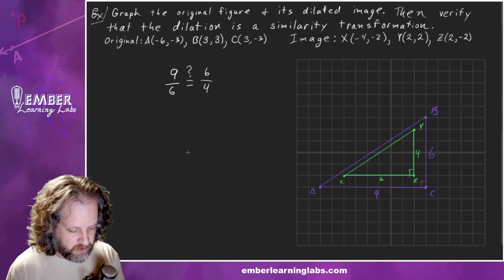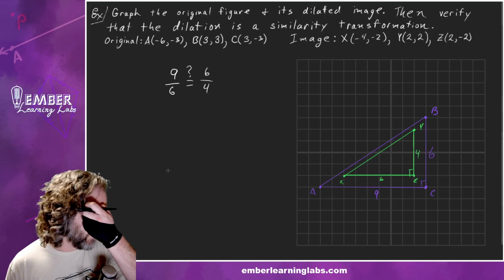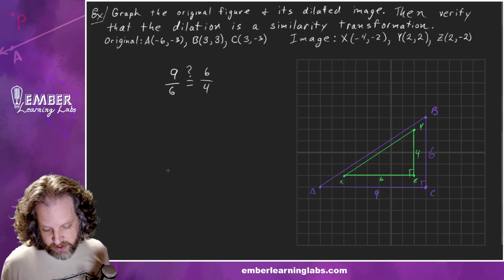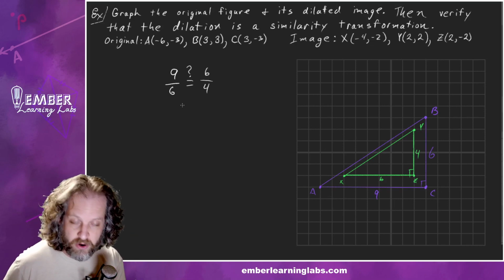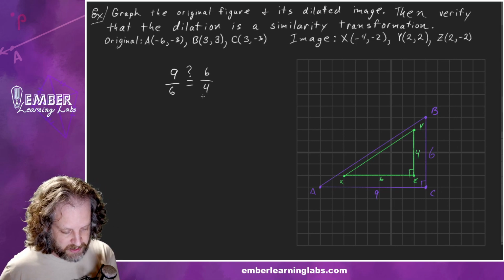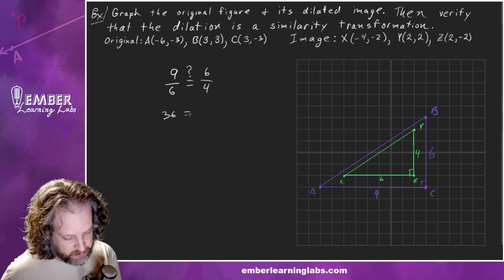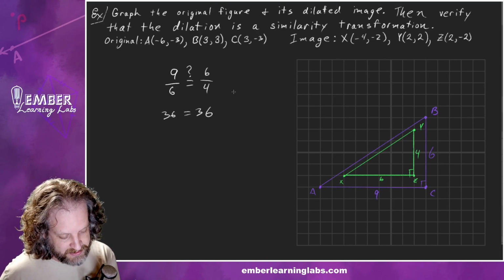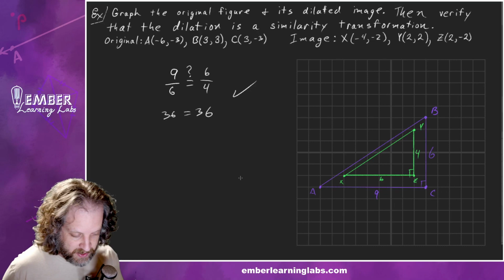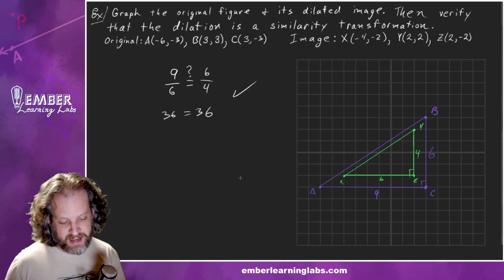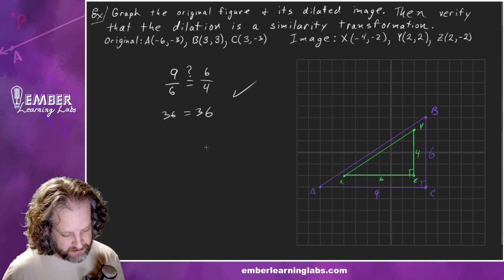So there's a lot of different ways to do this, right? I think in this one, what we're going to do is we're going to cross multiply. So 9 times 4 equals 36. 6 times 6 equals 36. So yes, they are proportional. So yes, this is a similarity transformation.